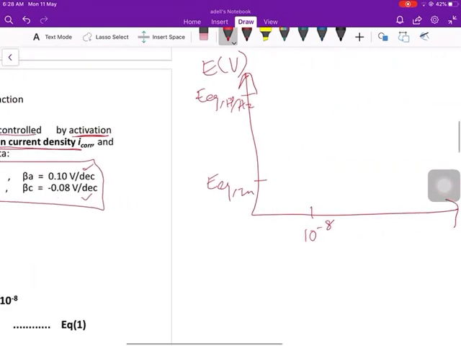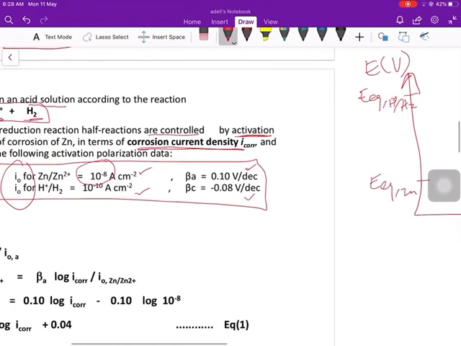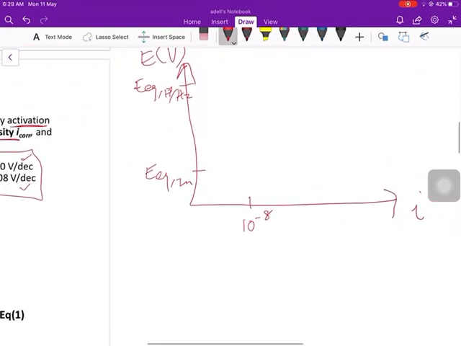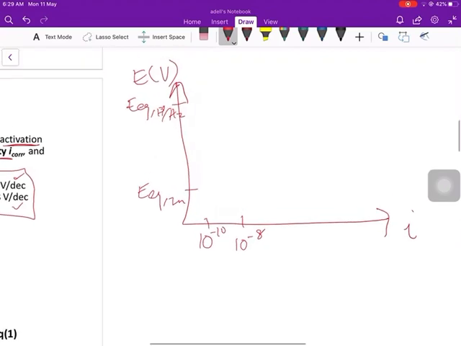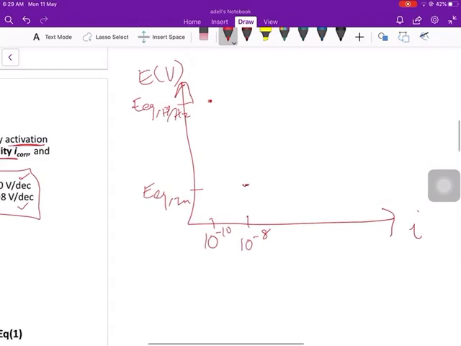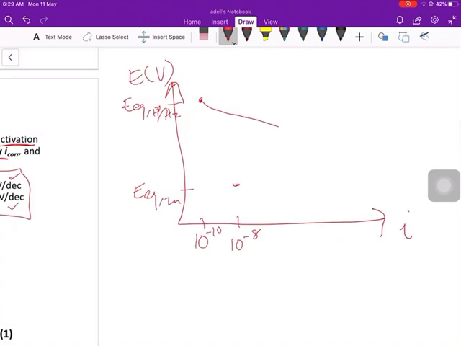For zinc, the exchange current density is 10 to the power of negative 8. For hydrogen it is more negative, 10 to the power of negative 10. This is the cathodic I naught, and this is the anodic I naught. The cathodic reaction will reduce and the anodic one will oxidize.